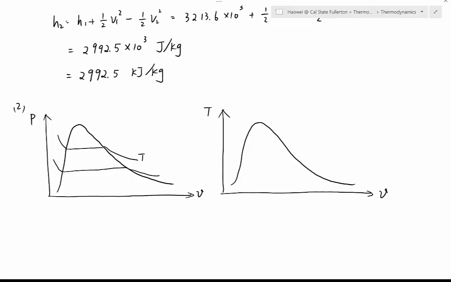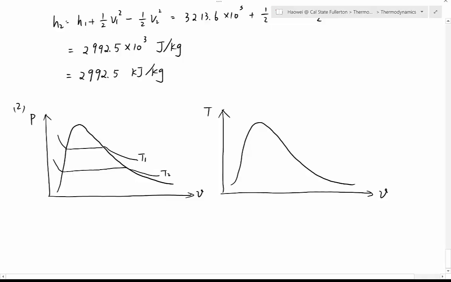What a nozzle does is to increase the velocity of the fluid. So what we know is kinetic energy in this process will go up, but we also know energy is always conserved. So if kinetic energy goes up, something else must go down. So what goes down? Pressure will go down, and the temperature will also go down. So T1 must be higher than the final temperature T2. So the top one should be T1 and the bottom one should be T2.